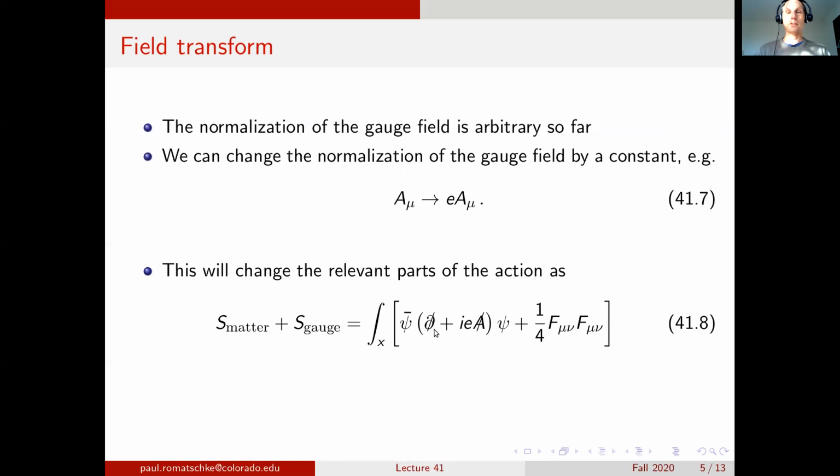So we have psi bar d slash plus I e A slash psi, and plus 1/4 F mu nu F mu nu instead of 1/4 E squared F mu nu F mu nu. In the following, we will use this normalization, which is pretty standard for perturbative calculation in QED, as our base.